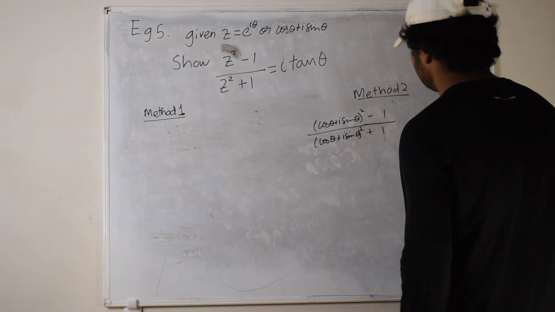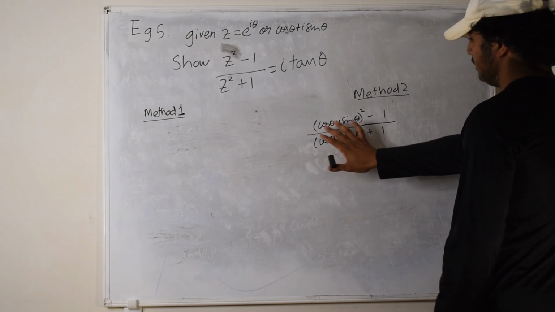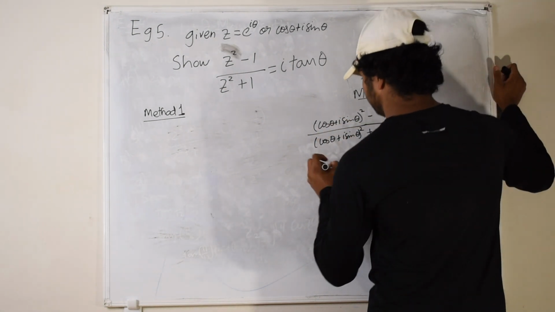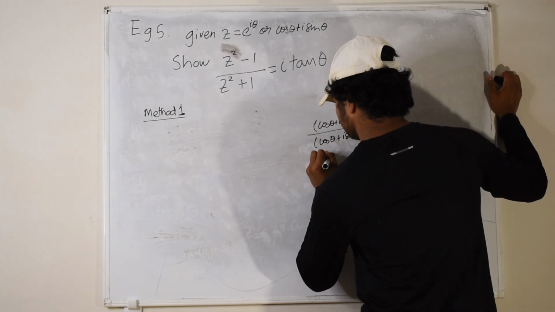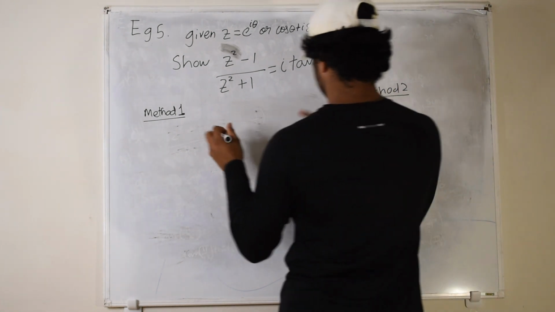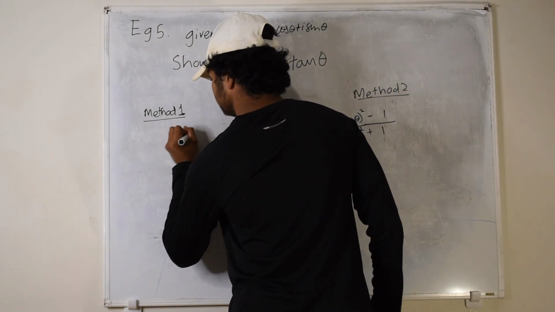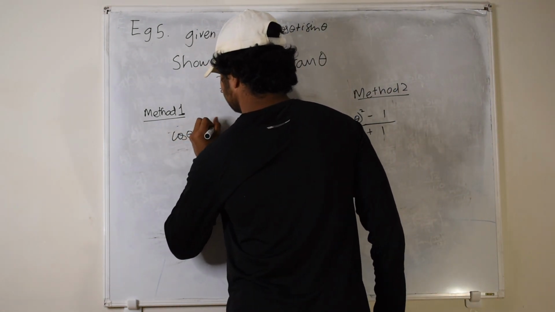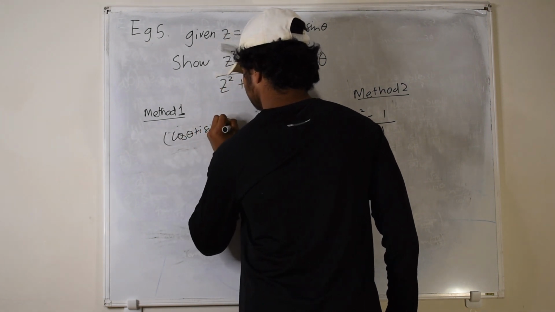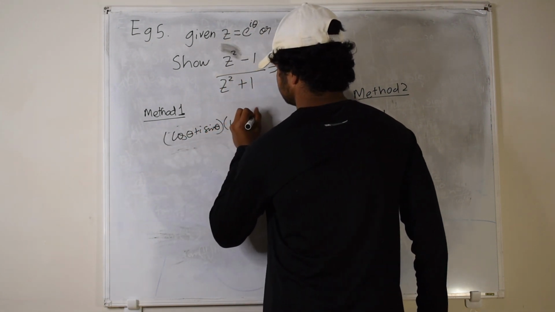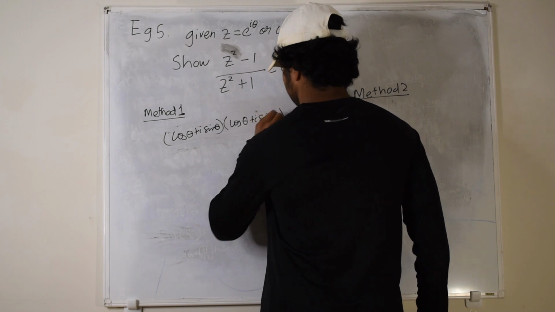Now we can expand these. I'll just do it over here. We go cos theta plus i sin theta, squared.